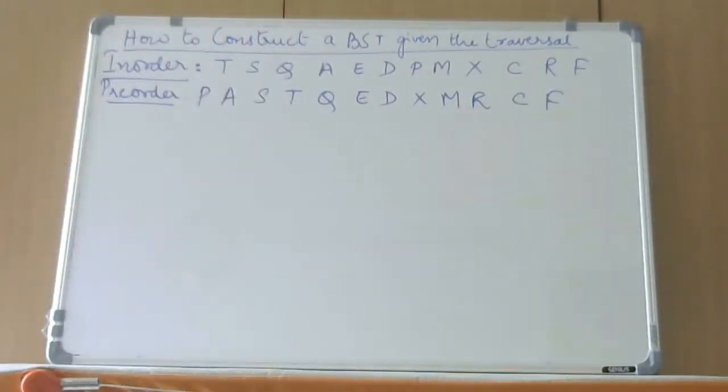This is the pre-order traversal. Now, given these two, how can we construct a tree? That is what we are going to see.